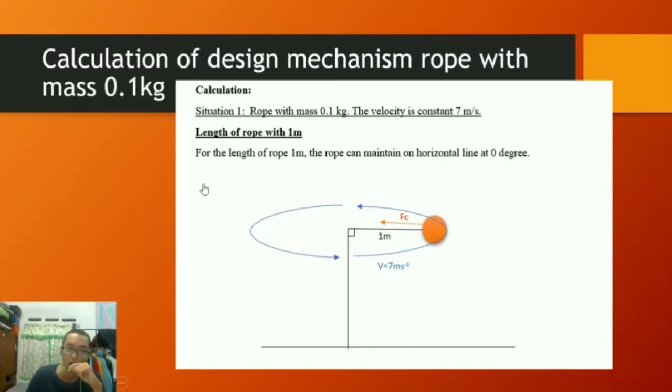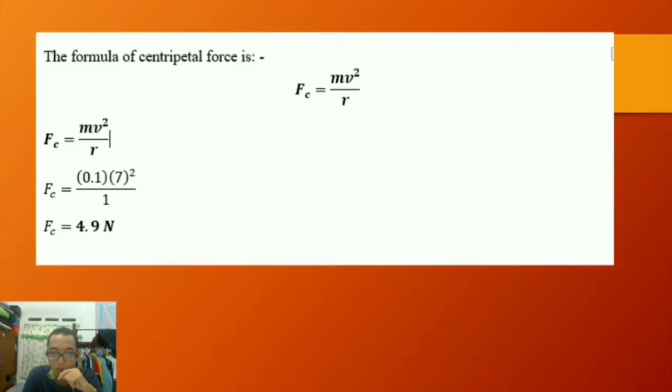I proceed with the calculation. The first design mechanism is a rope with mass 0.1 kilogram, and we assume the velocity is constant at 7 meters per second, and the rope is 1 meter in length.